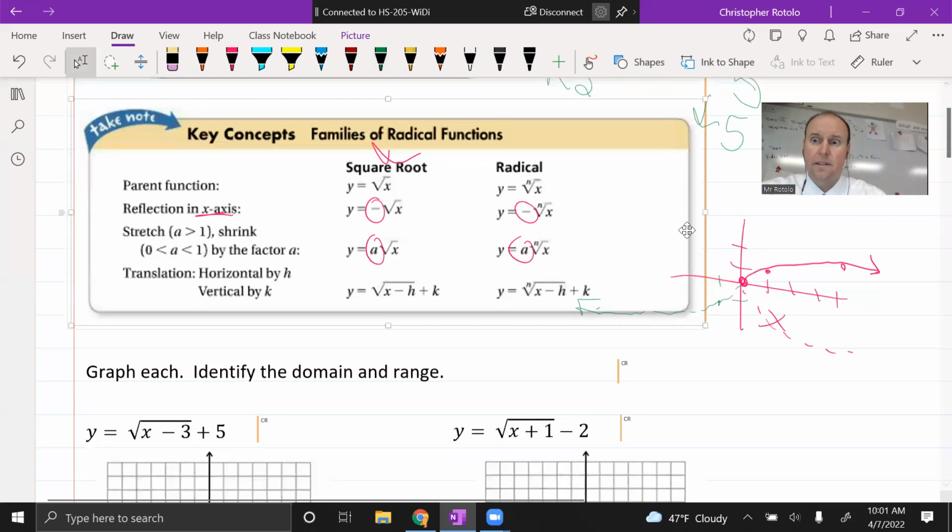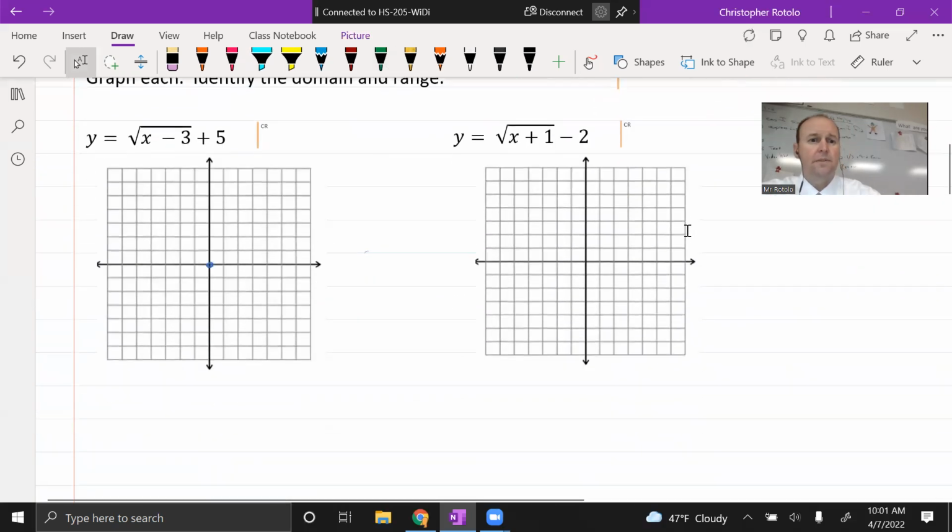So let's take a look at it by doing some of them. Here we go, domain and range. All right, so inside of here, we're going to go to the right 3. 1, 2, 3, but it's also up 5. So 1, 2, 3, 1, 2, 3, 4, 5. My a value is 1. Right, so I'm going to go up 1 and over 1. That's enough to give me the beginning of my shape, right?